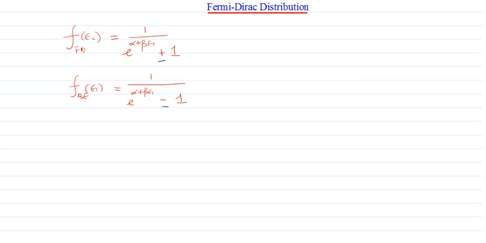This is nothing but the mean occupation number, ni star divided by gi, for the Fermi Dirac case, and this is also ni star by gi for the Bose-Einstein case.